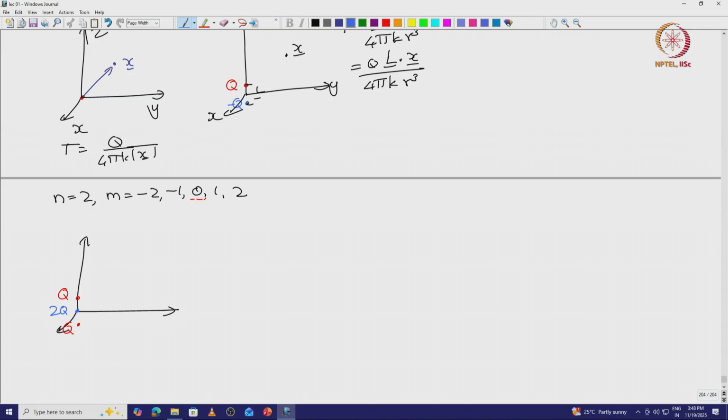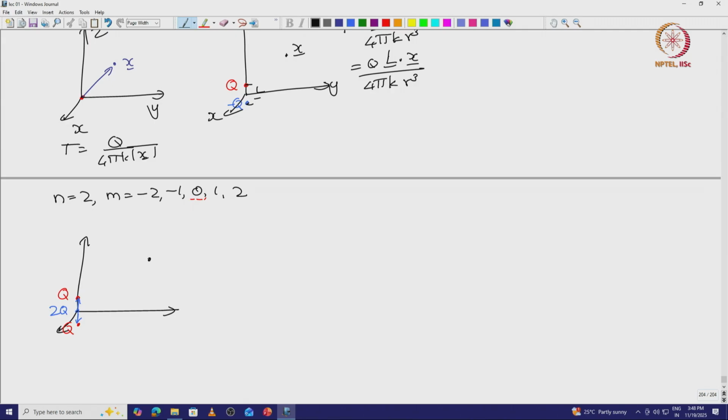So, the net source is 0. The net dipole is also 0, because from the source to one of those sinks you have a dipole moment this way, and to the other one you have a dipole moment in the opposite direction. Since they are equally separated, the net dipole moment is also 0.